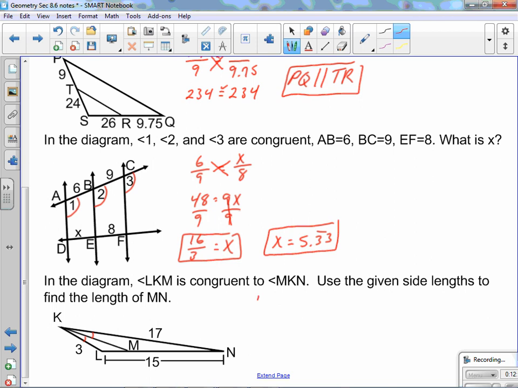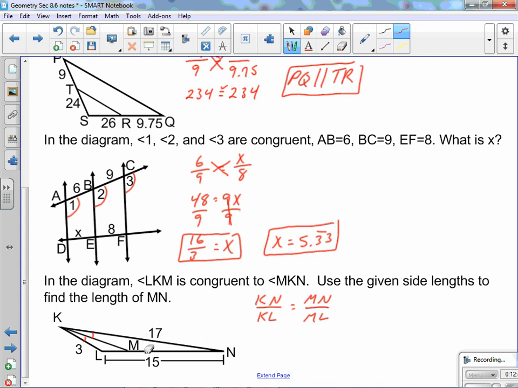So the length of KN over KL is going to equal MN over ML. Now the trick here is they gave us the total length for LN, and they didn't give us the lengths of any of the smaller individual parts.